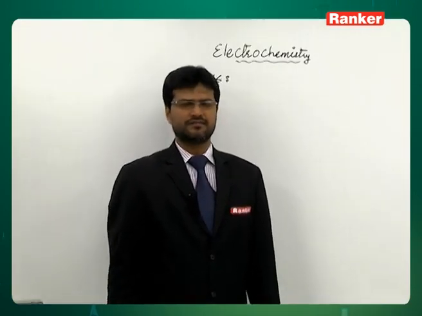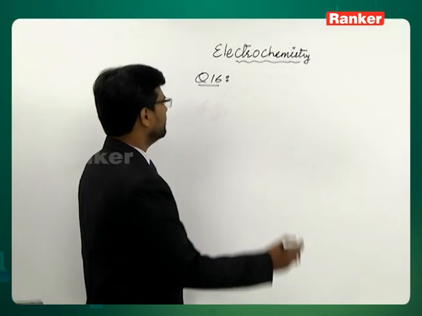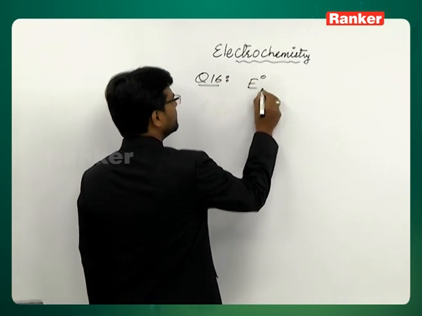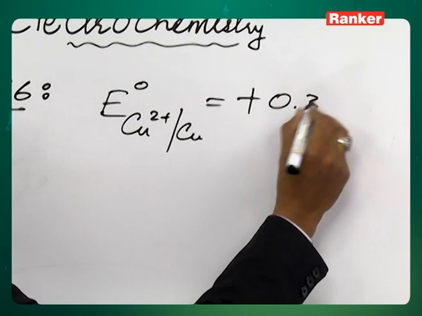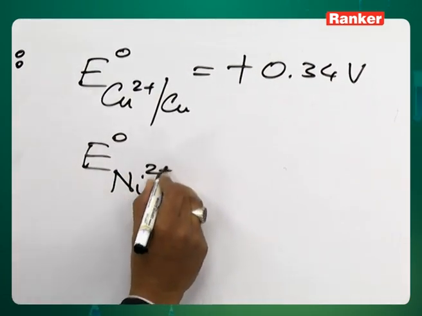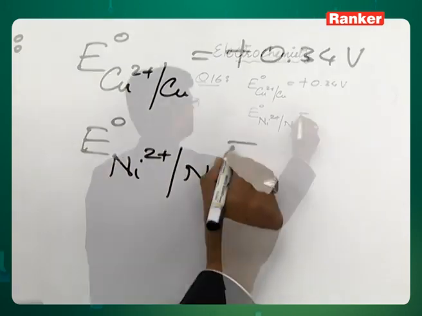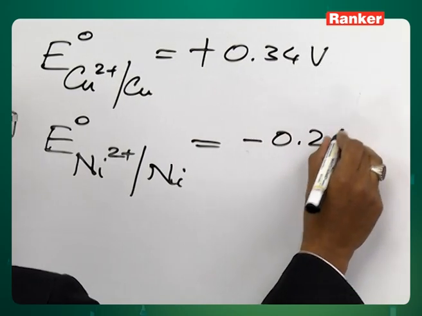Question number 16. The standard oxidation potentials of copper and nickel electrodes are minus 0.34 and plus 0.26 respectively. When these electrodes are coupled to form galvanic cell, the standard Gibbs energy change of the reaction is, look at the values, E° Cu2+|Cu is plus 0.34 volts and E° Ni2+|Ni is given as minus 0.26 volts.